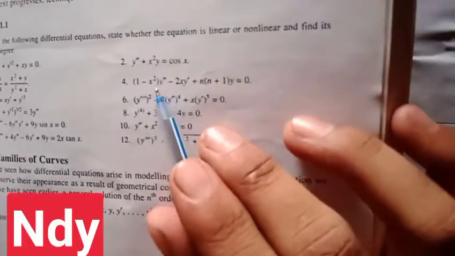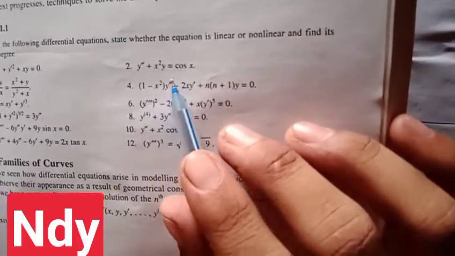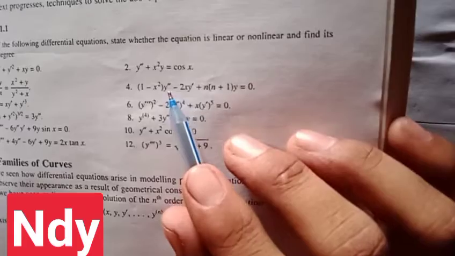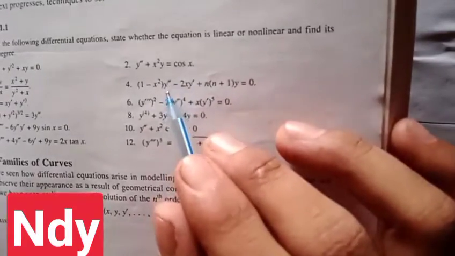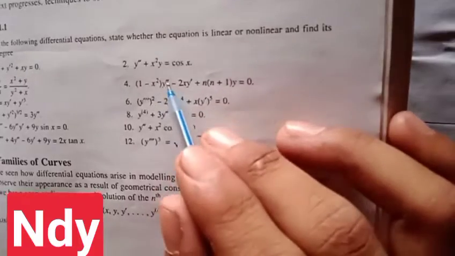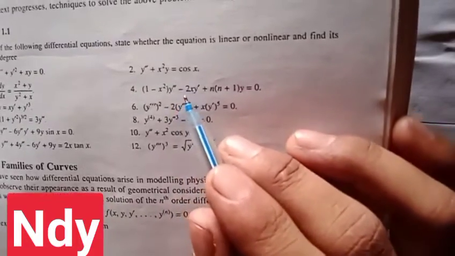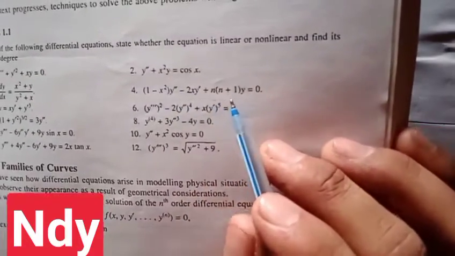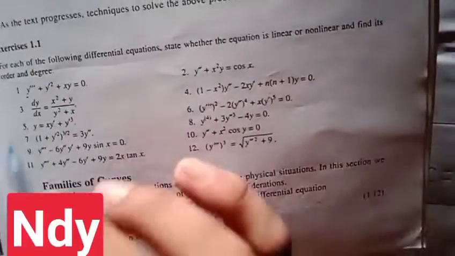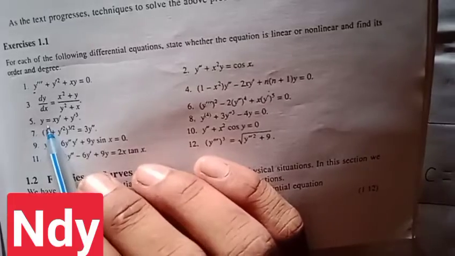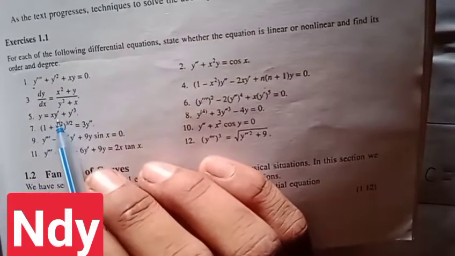In this case, the highest derivative is 2, so its order is 2, and the power of this term is 1, so its degree is 1. We can write this differential equation in that form, so it is linear. Now let us look at this clearly.